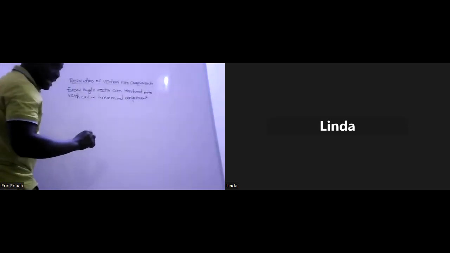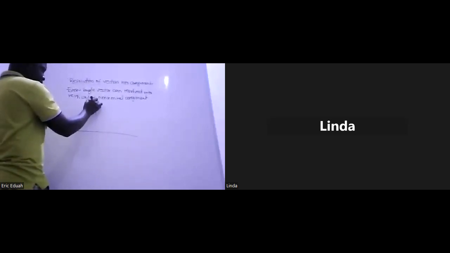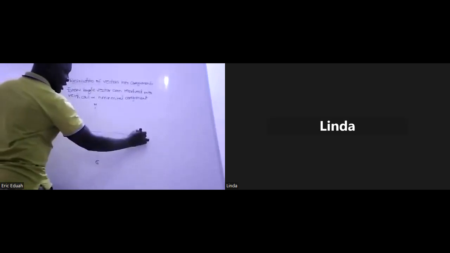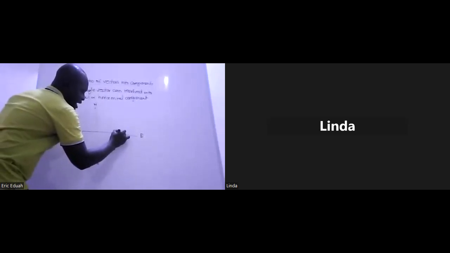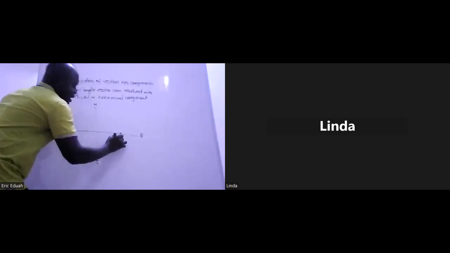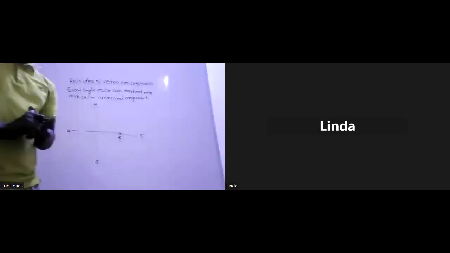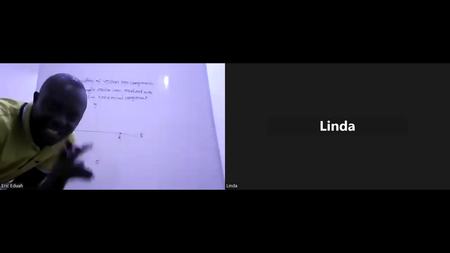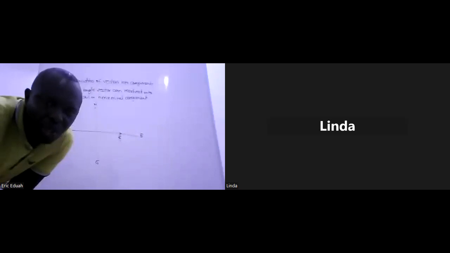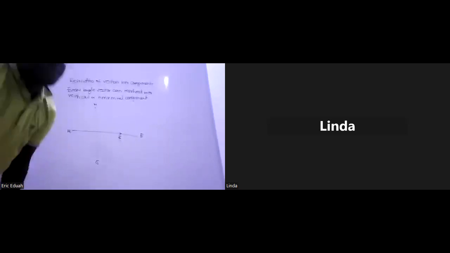So if I give you a vector, and the vector is along any of this, north, south, east, west. Example, a vector F1 is along the x-axis, and I'm to resolve this vector into components. Every single vector can be resolved into two components, that is the vertical and the horizontal, or the horizontal and the vertical.